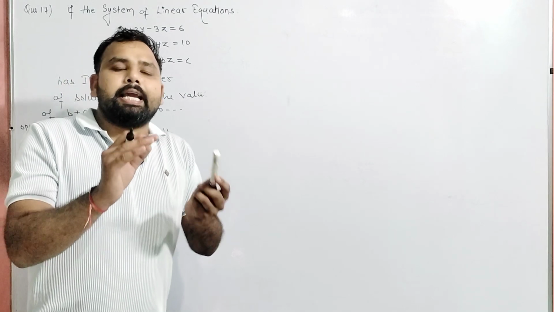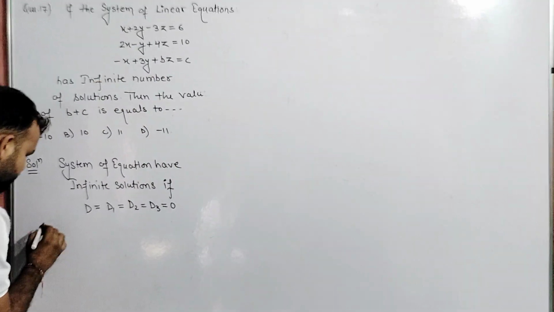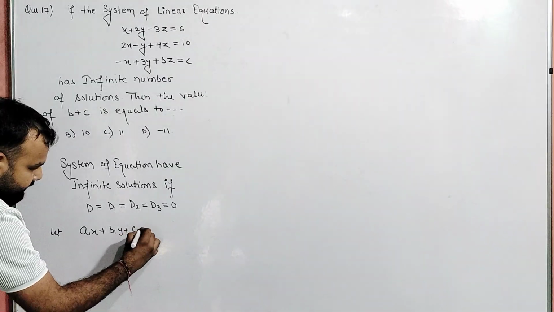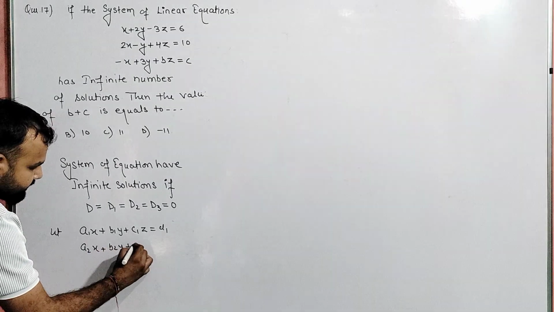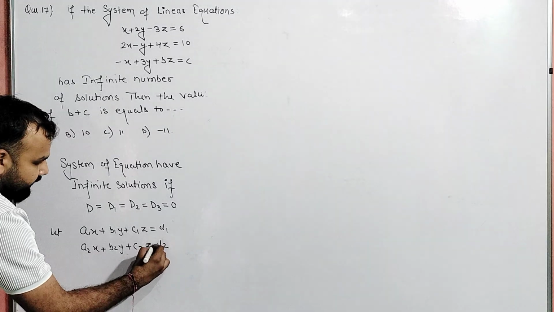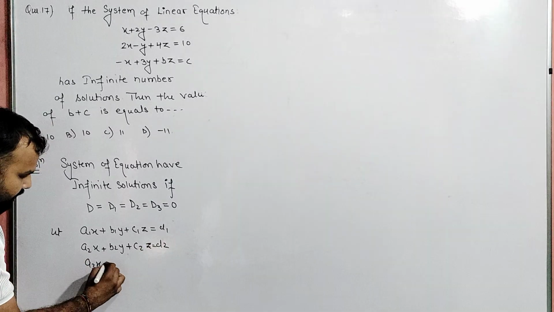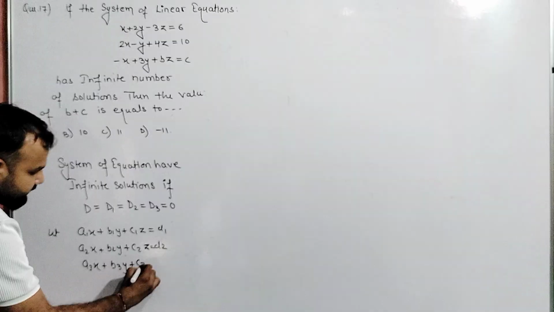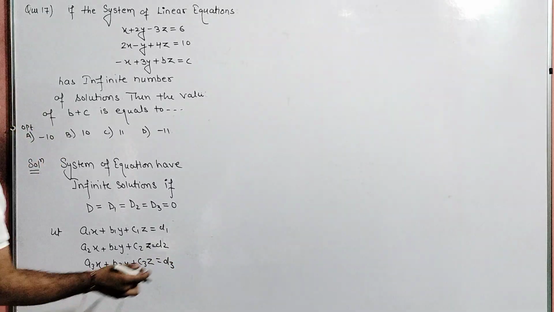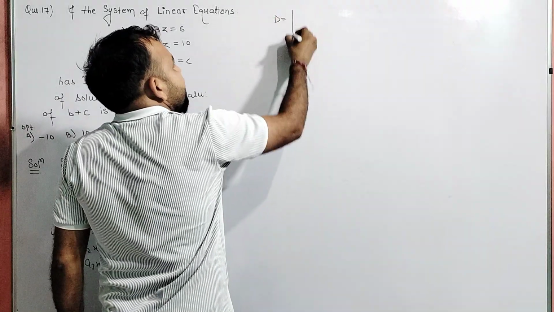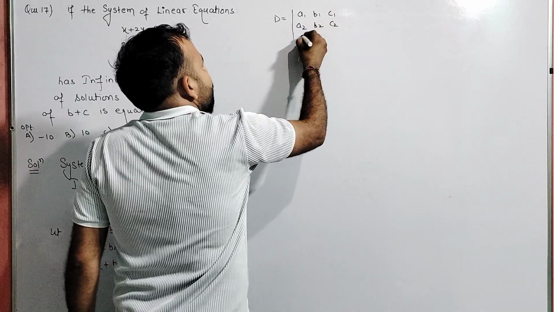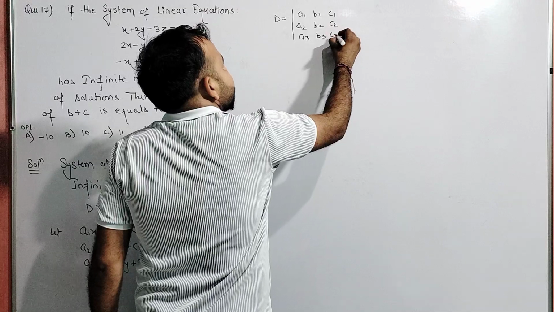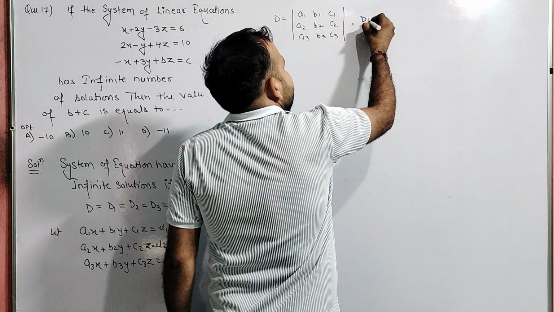So student, let us see properly what D, D1, D2, D3 are. Let our system be a1 x plus b1 y plus c1 z equals d1, a2 x plus b2 y plus c2 z equals d2, a3 x plus b3 y plus c3 z equals d3. In that scenario, D is nothing other than the determinant, that is a1 b1 c1, a2 b2 c2, a3 b3 c3. This is D. Similarly, D1, what is D1?